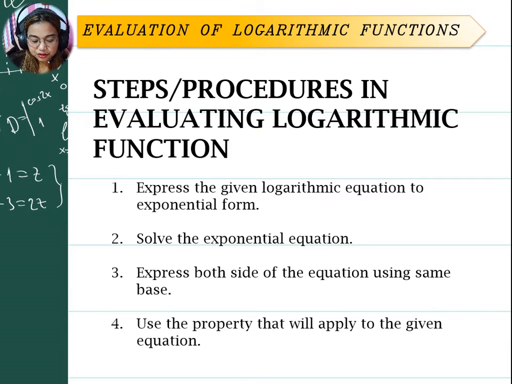So earlier, you were just expressing the given equation from logarithmic to exponential and vice versa. Now we are going to evaluate it.